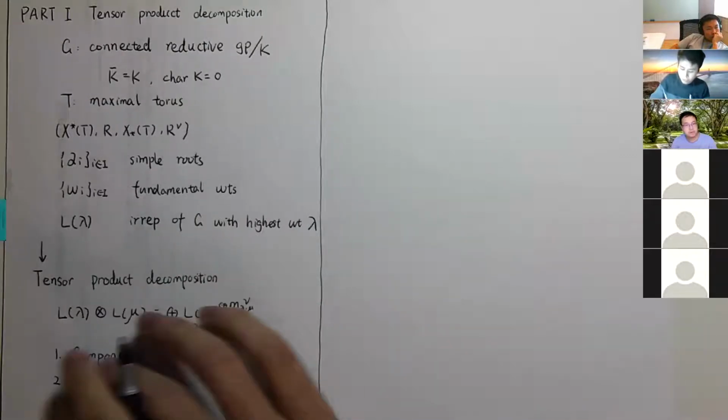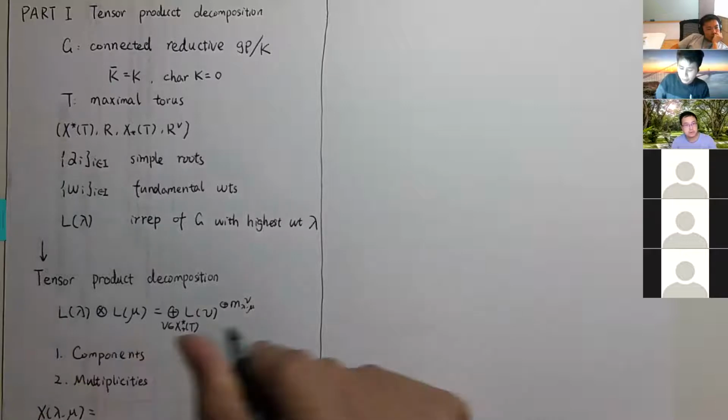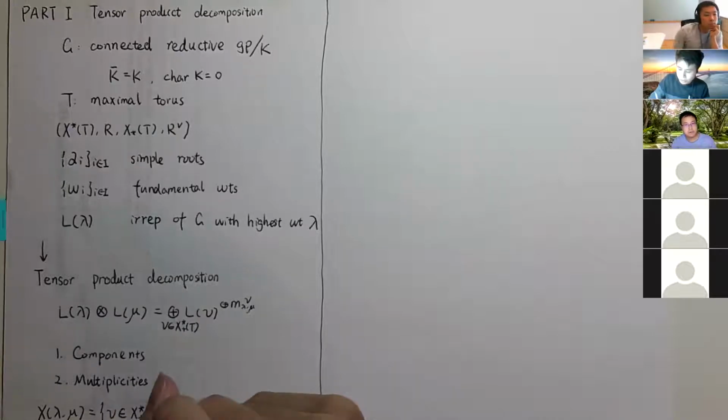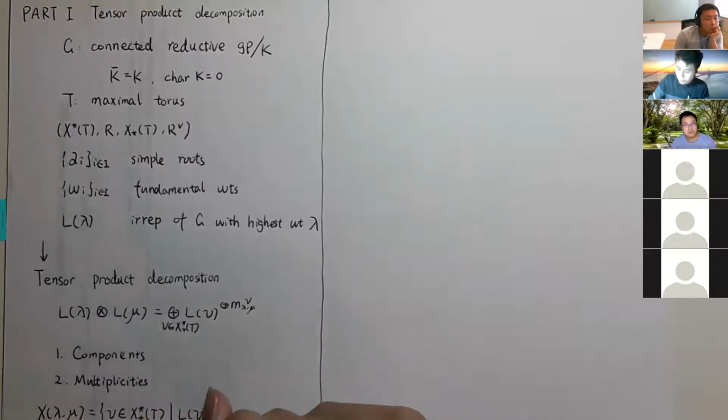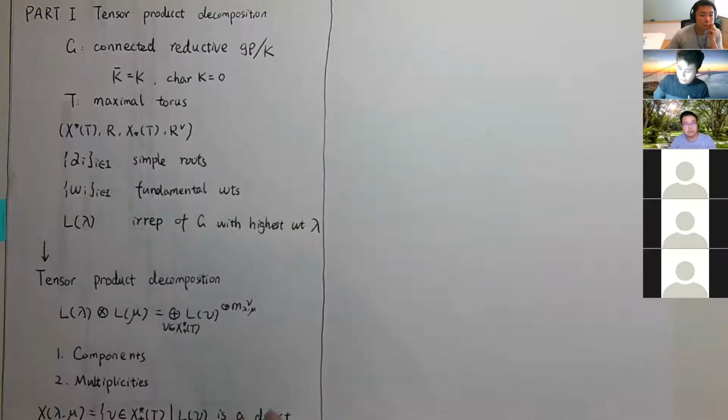So we define the following set, X_lambda,mu, to be the set of those dominant weights nu such that L_nu is a direct summand of L_lambda tensor L_mu.